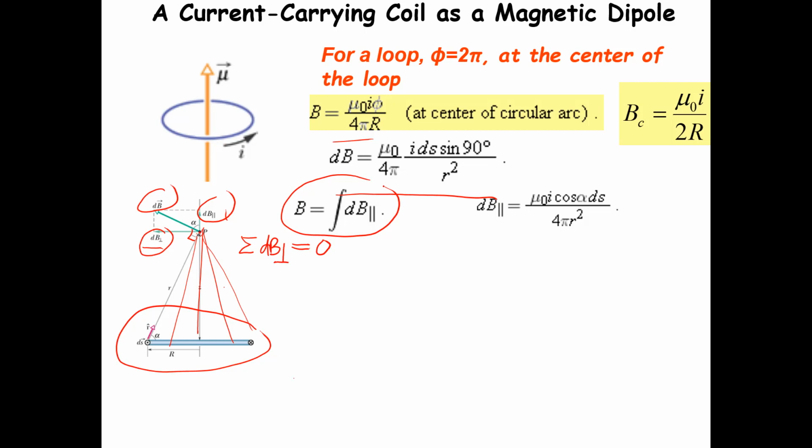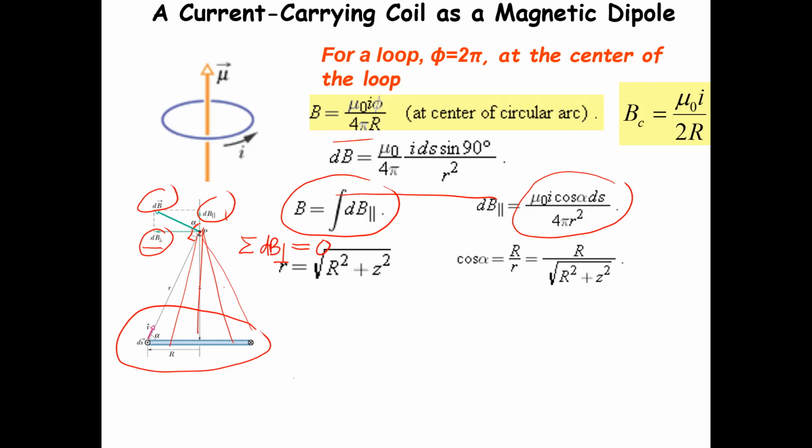The dB in the y-axis is mu 0 I cos alpha ds per 4π r squared, because the angle between dB and the y-axis is alpha, since 90 degrees we can replace it with cos alpha.